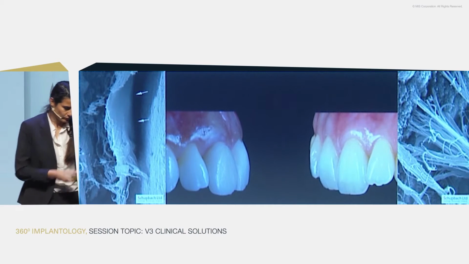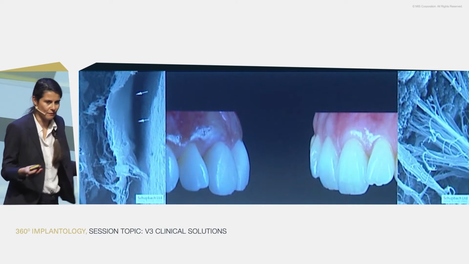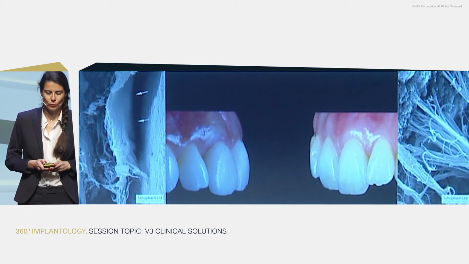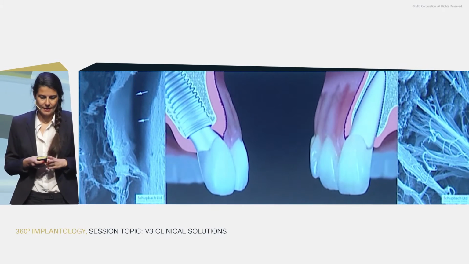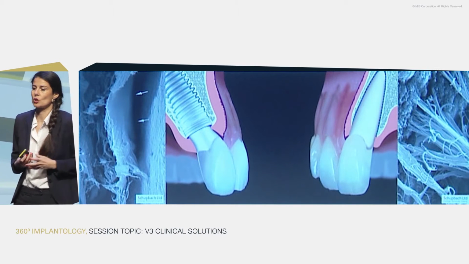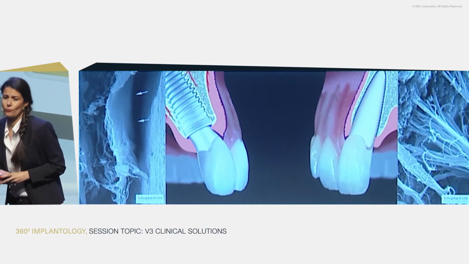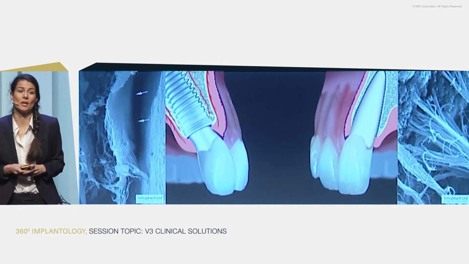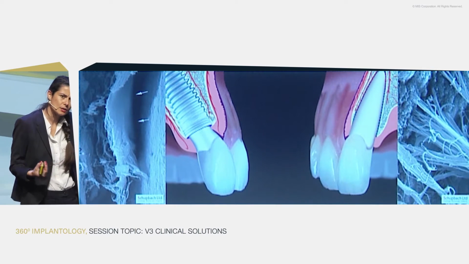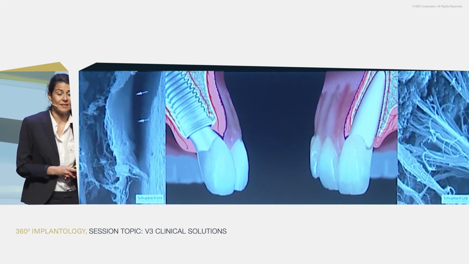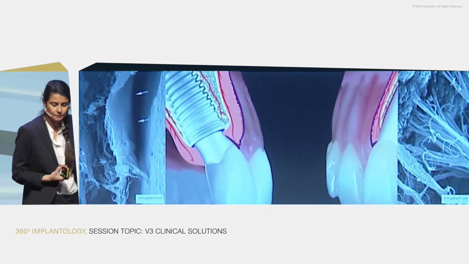So now, when we have a biocompatible material, we also have to understand that this mucointegration around an implant is very different from what we find around a natural tooth. First of all, the vascularization is very different, and it's less good around an implant.